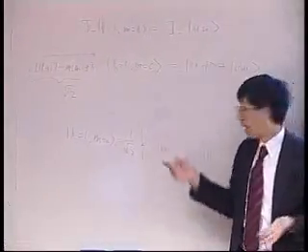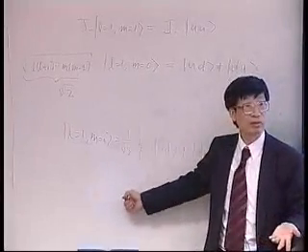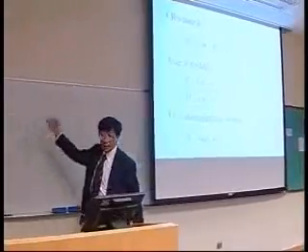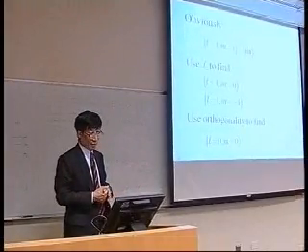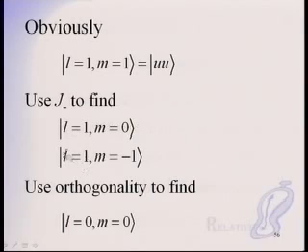Right? And if this combination is to be normalized, it must be 1 over square root 2. Right? Because the prefactor was chosen to guarantee normalization. Now, if you find this and you do it once more, you find the one with m equals minus 1, which must be, of course, just DD.